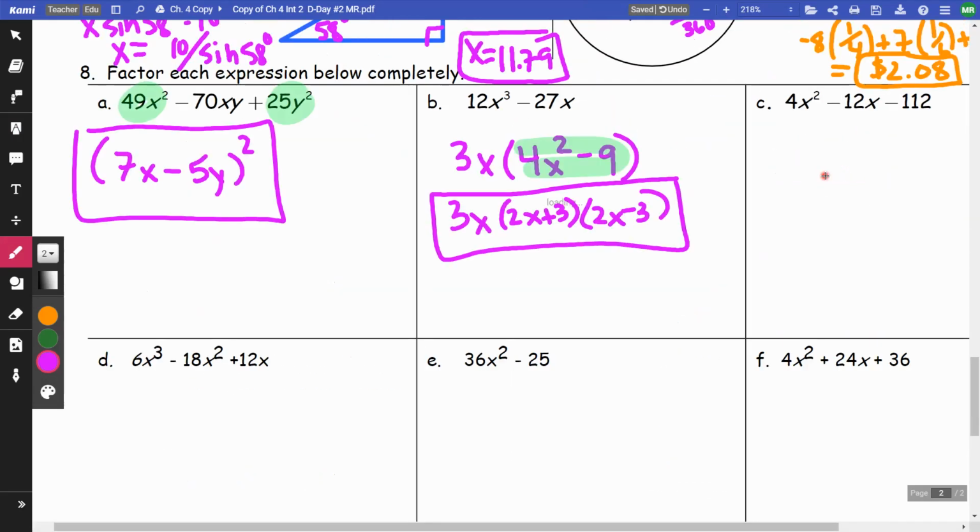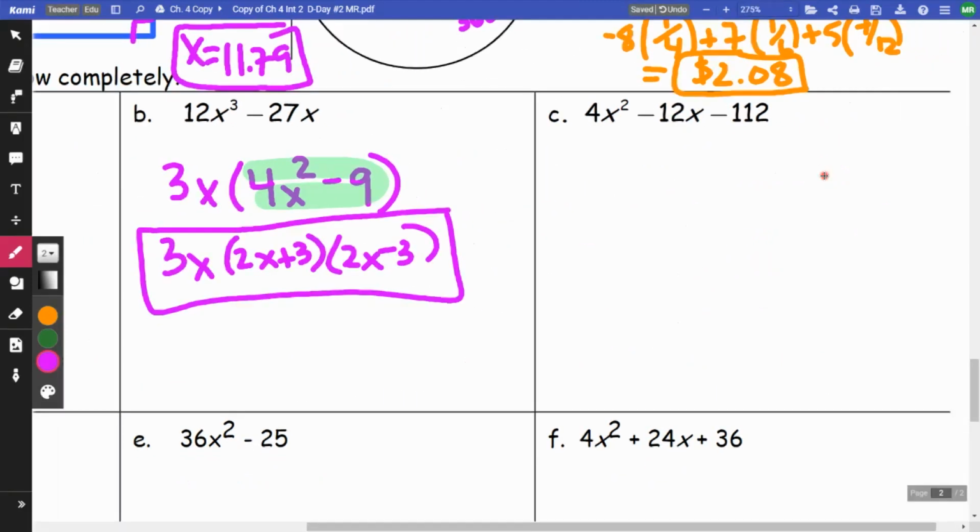On letter C. It looks like I can take a 4 out of everything. Let me just double check. Yeah, I can take a 4 from it. So a 4, and I'll be left with an x squared minus 3x minus 28.